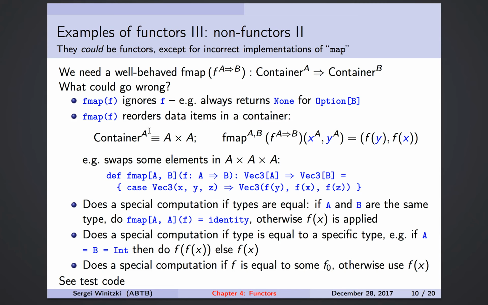Or Fmap reorders data in a container. For instance, here's a container with two values of type A, and we define Fmap that applies f, but also reorders the values in the container. Now here is this example I was showing in the code. Now this would immediately violate the identity law. So that's not good.